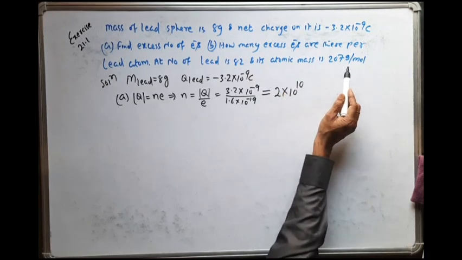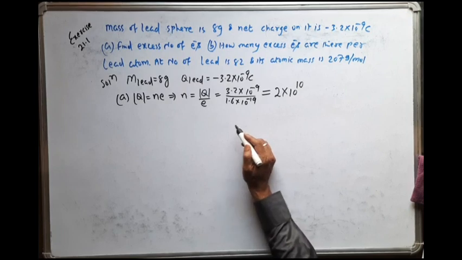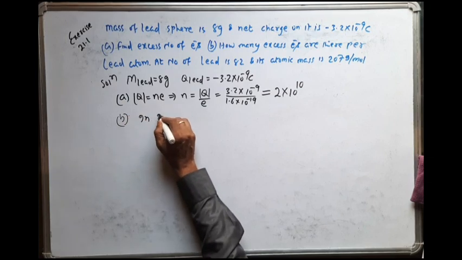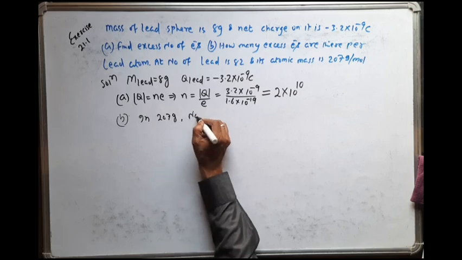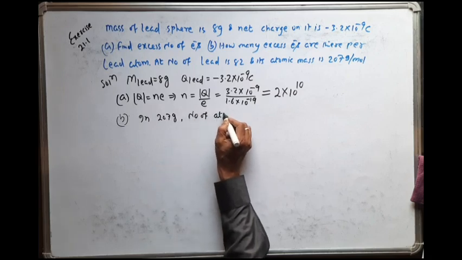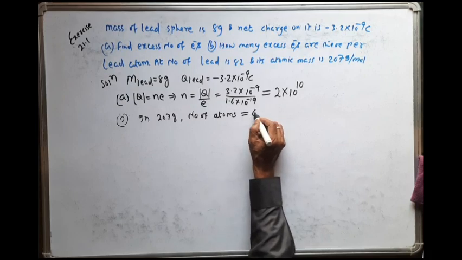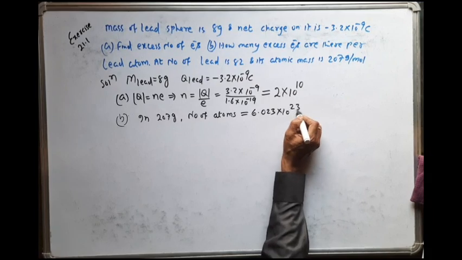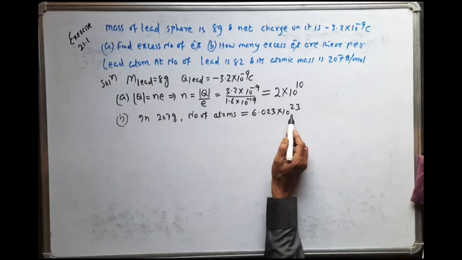From chemistry, in 207 gram the number of atoms present is equal to Avogadro's number, 6.023 into 10 to the power 23.